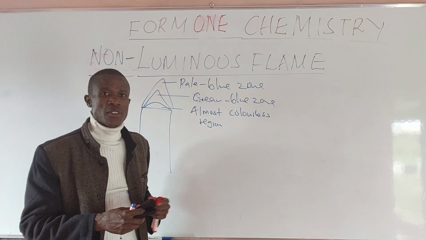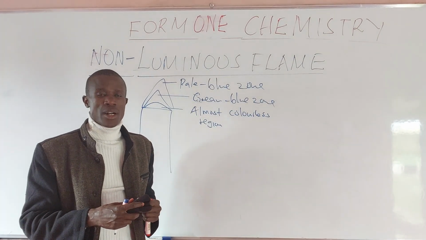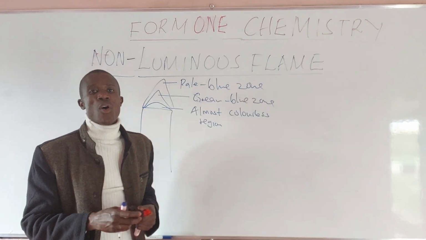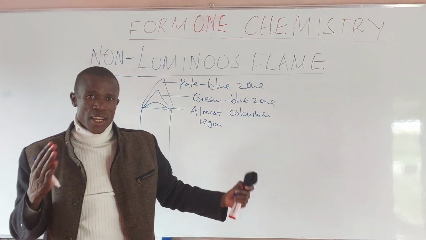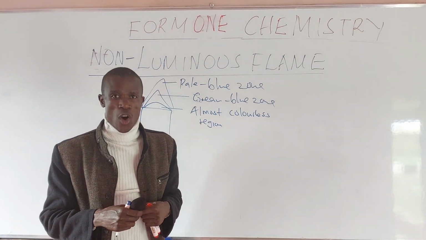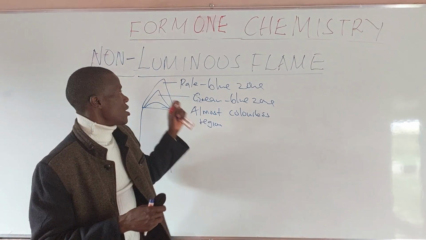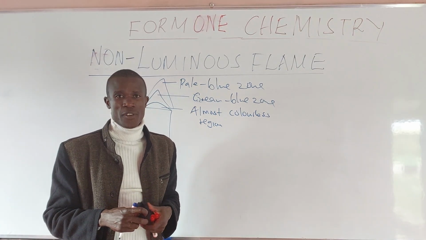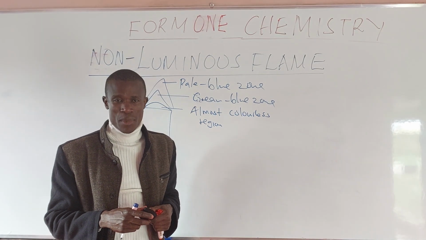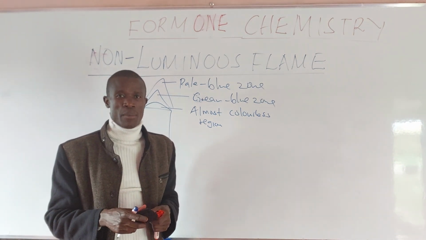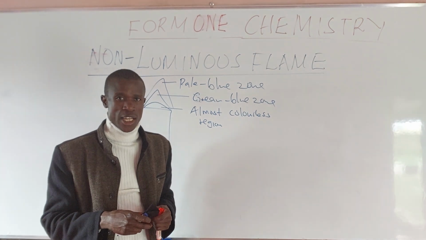Again, this flame is very hot because the laboratory gas undergoes complete combustion in excess supply of oxygen. Comparing with the luminous flame, which is wavy and long, non-luminous flame is short and straight. Luminous flame is less hot. Non-luminous flame is hotter, meaning it produces more heat as a result of complete combustion of the laboratory gas in excess oxygen.